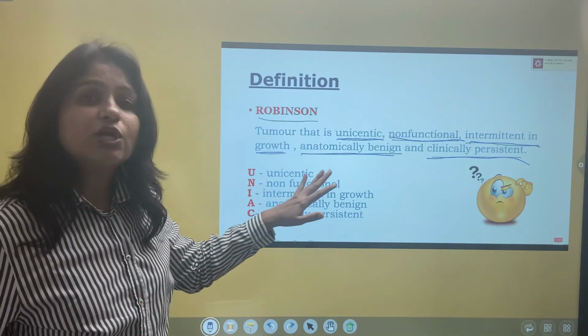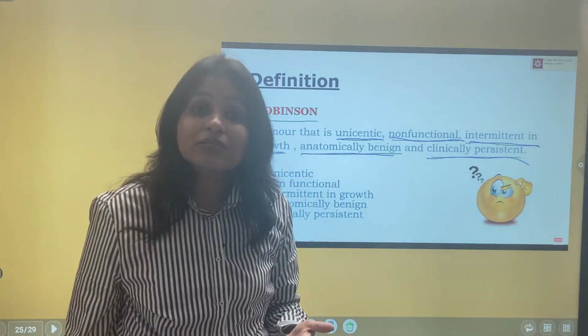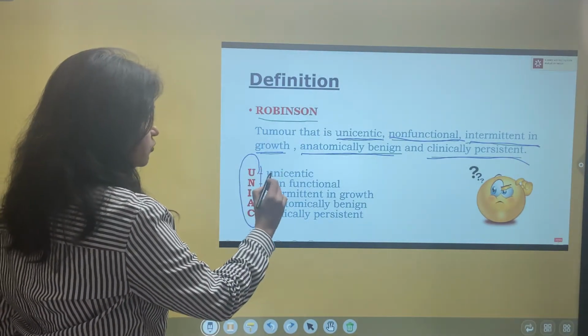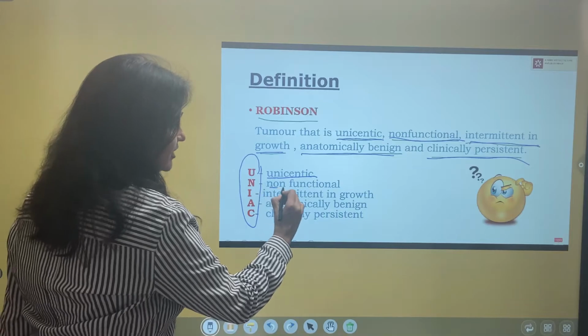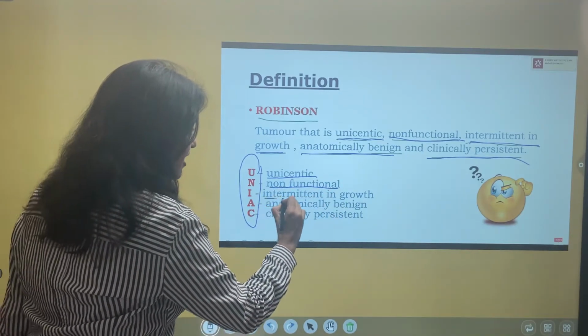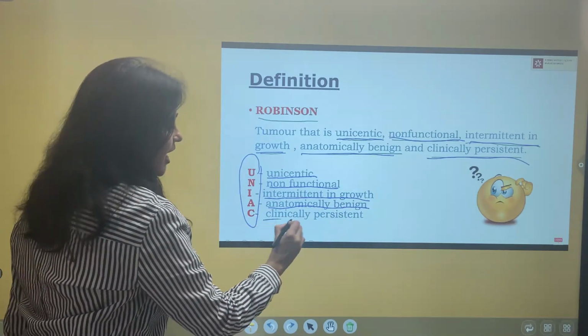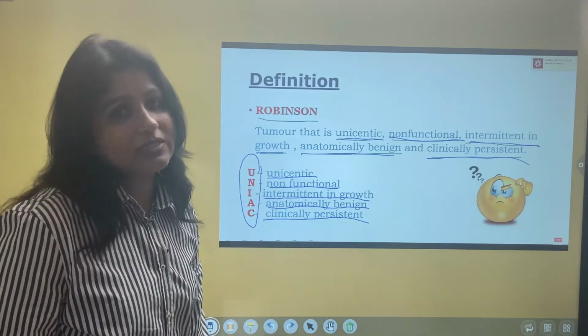This is the definition of an ameloblastoma. How will you remember these terms? Remember this: UNIAC. U stands for unicentric, N for non-functional, I for intermittent in growth, A for anatomically benign, and C for clinically persistent.